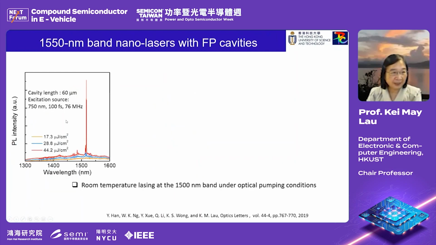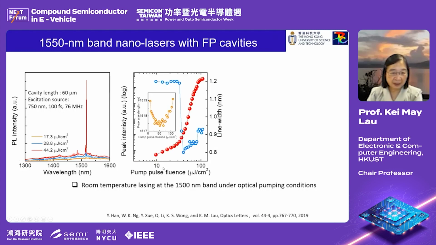And we get this 1.5 micron band nanolaser lasing. And these have a cavity length of 60 micron. And then we find the optically pumped threshold is down to a few tens of microjoules per centimeter square.